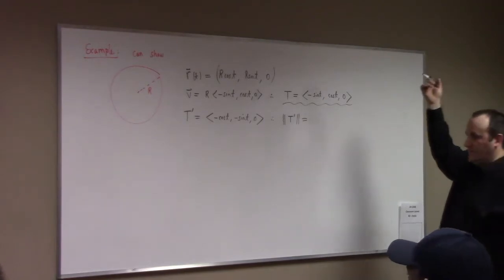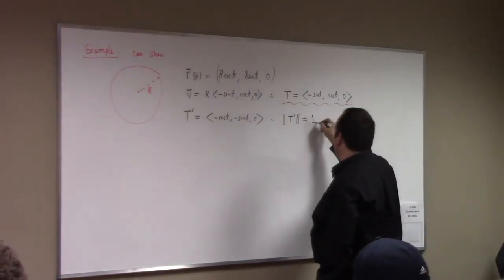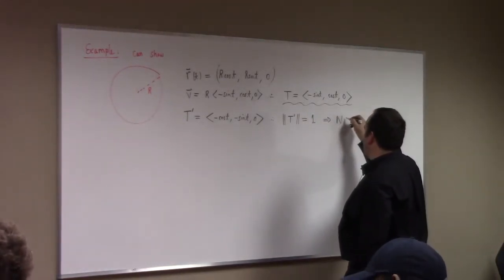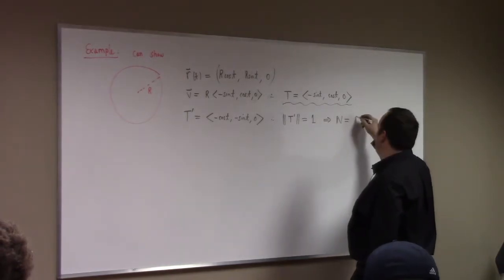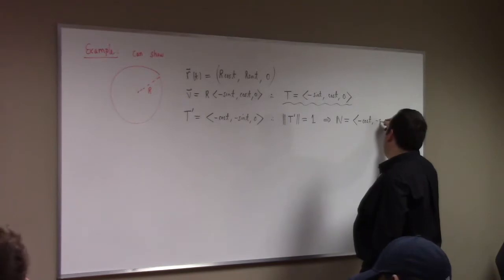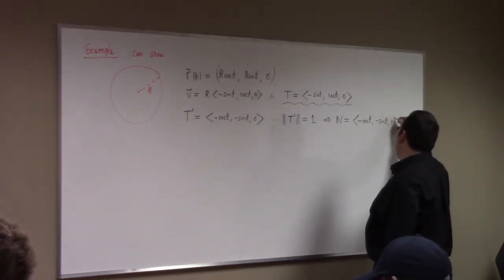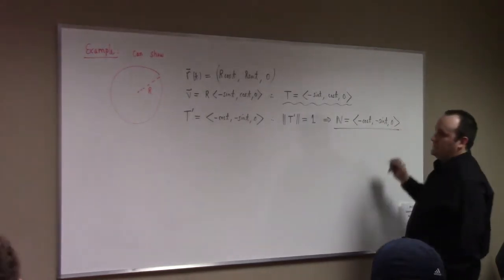It's just, as T is already a unit vector, 1, which implies that the normal vector here is nothing more than T prime. So there's your normal vector, right?